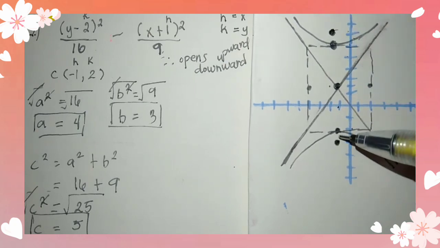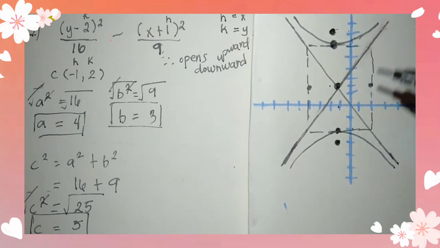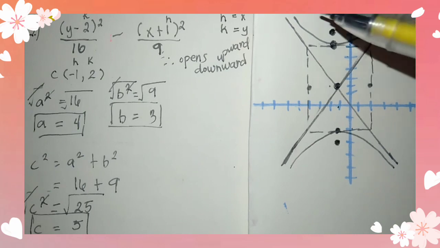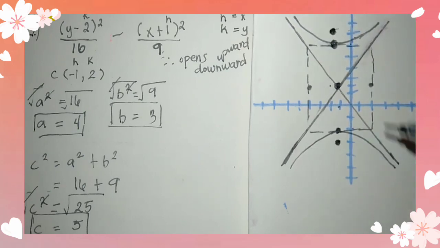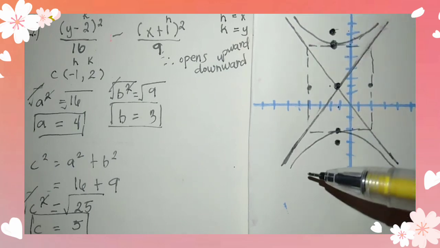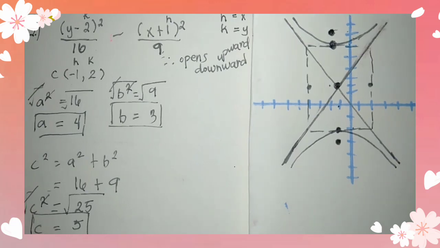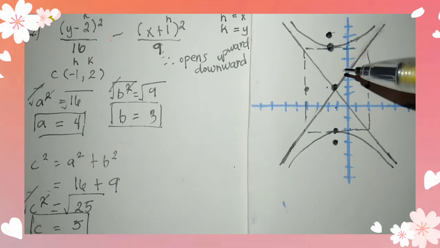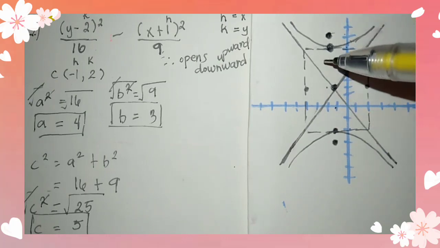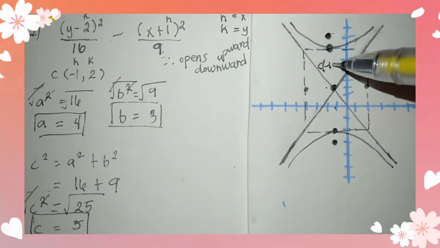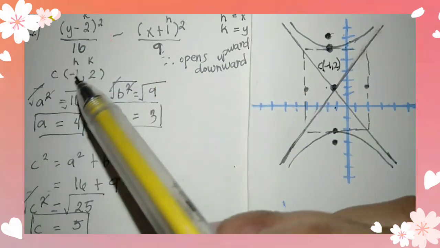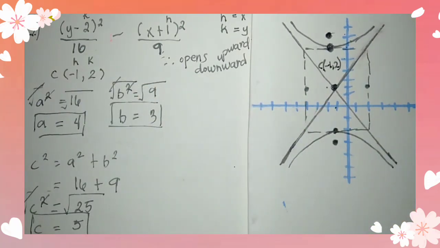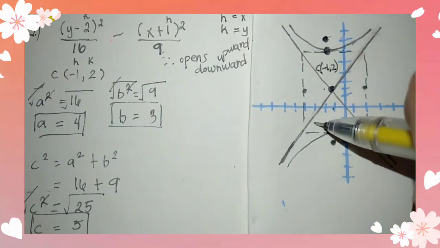So we have 2 foci and 2 vertices. Remember, ang foci natin is always nasa loob ng ating curve. Okay? So we have upward and downward. Okay? The next thing to do is to get its coordinates. So remember, ang ating center, we have automatic negative 1 and 2. Ito na yung center natin, no? And then, kuhain naman natin yung vertex 1.